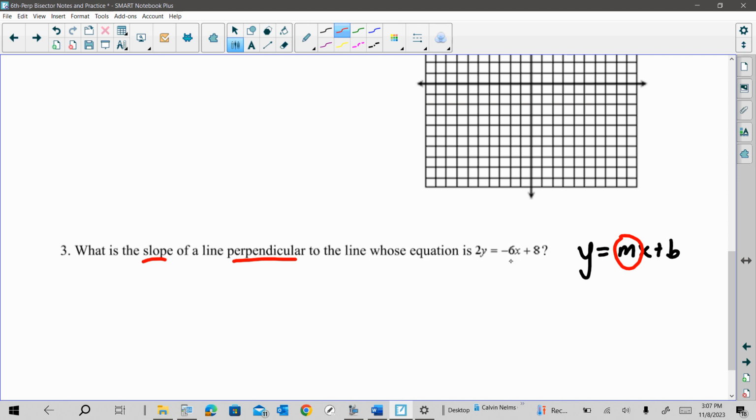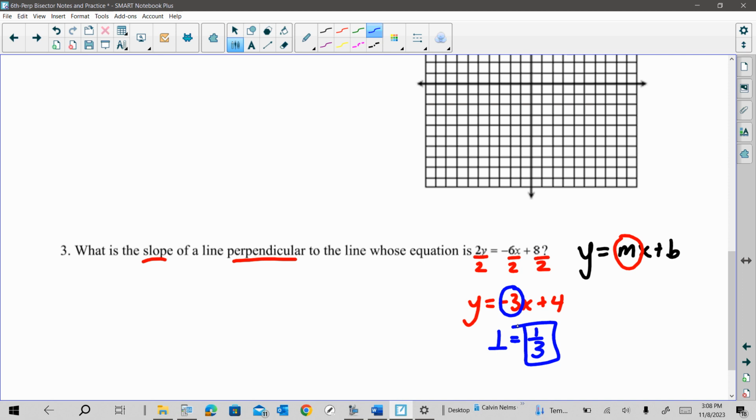To change this into slope-intercept form, you divide everything by 2 to get rid of that coefficient. This would be y equals -3x plus 4. And now this is the slope. So to get the perpendicular, it'll be 1/3. That's all they're asking here, to find the perpendicular.